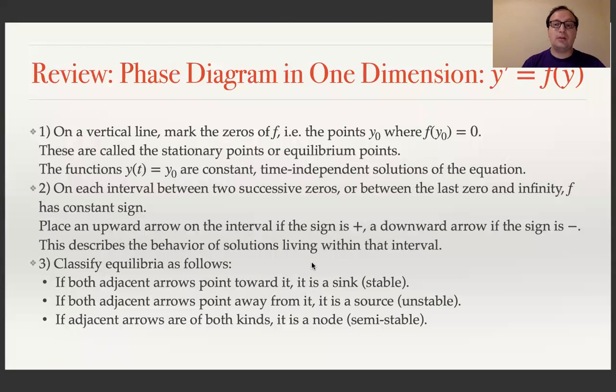So we're looking at the equation y prime is equal to f of y, which is the general form of an autonomous first-order ordinary differential equation in explicit form. So y prime is equal to f of y. And f can be any reasonable function of y.